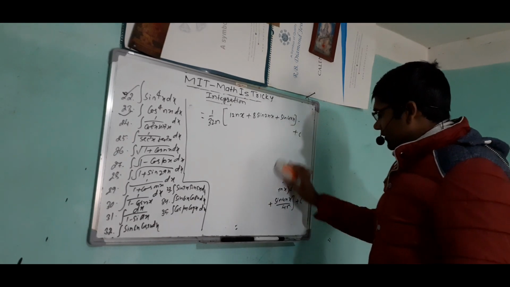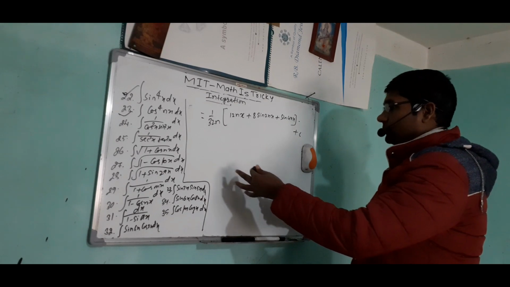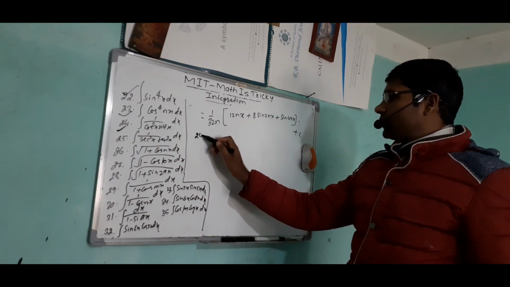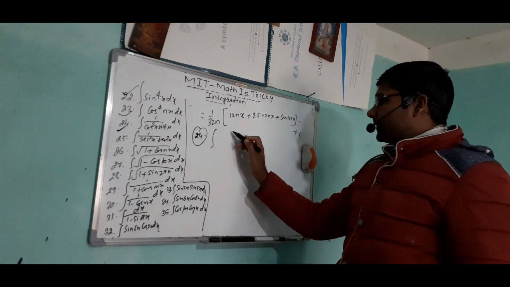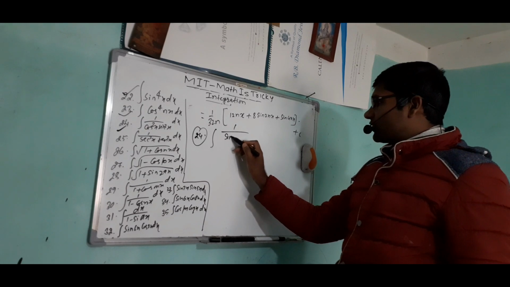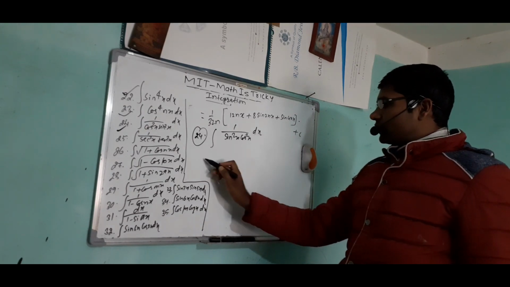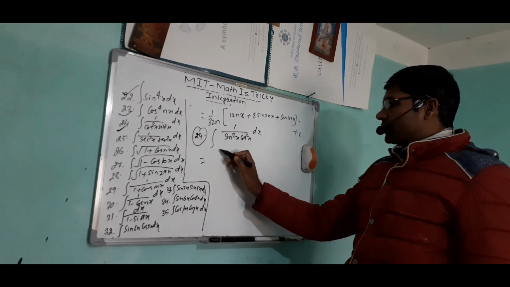So let me solve another question. Question 24 is 1 by sin² x cos² x dx. This is a typical problem, so for this we substitute 1 as the formula.